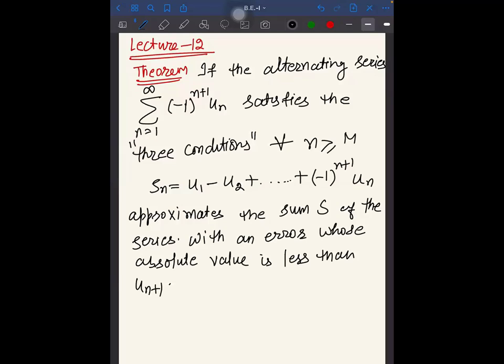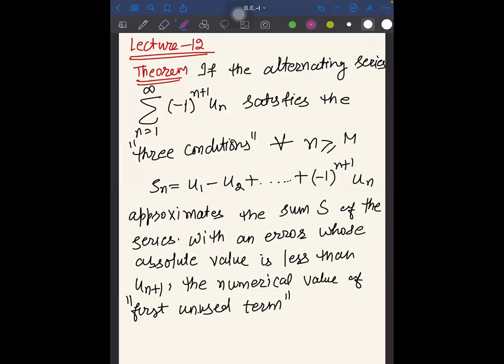The numerical value of first unused term, right? So I'm marking these important things.